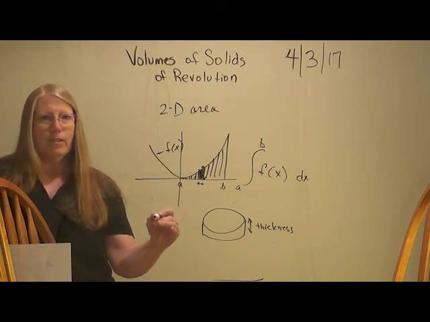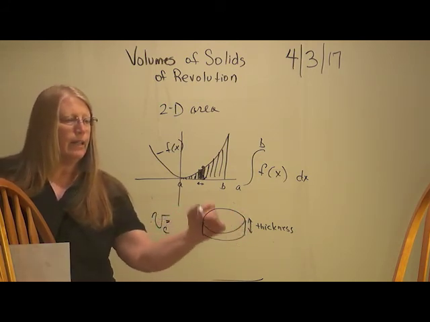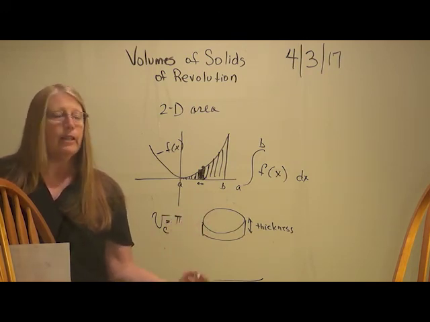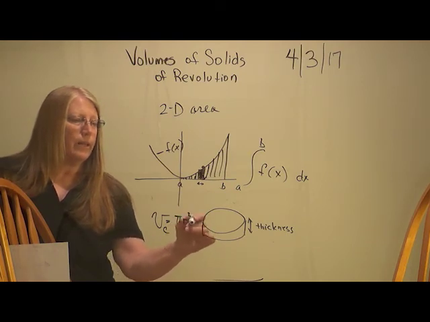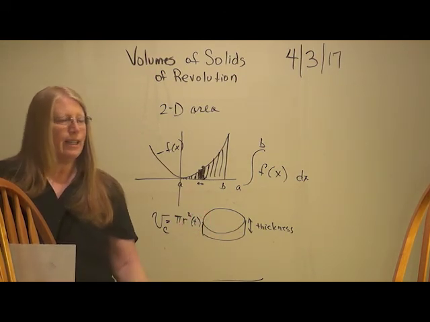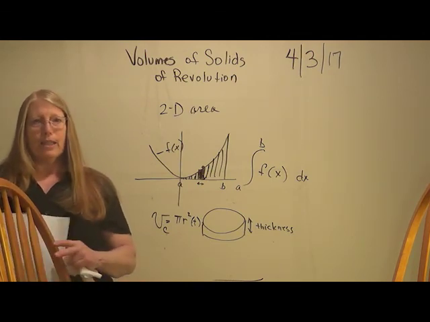Let me remind you, the volume of a cylinder is the area of the base, which in this case, since it's a circular cylinder, is pi r squared, multiplied times the thickness. I'll just call it T for thickness. Alright, so let me remind you of those concepts.